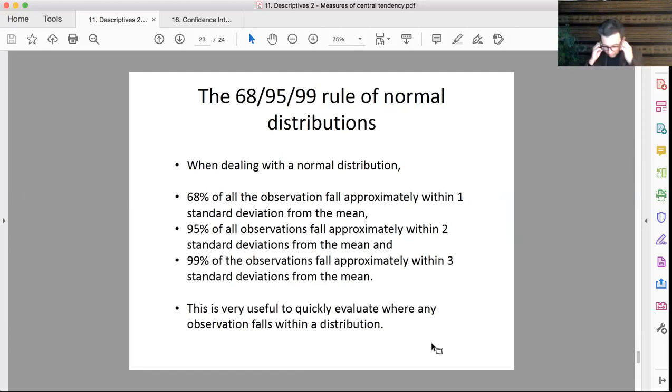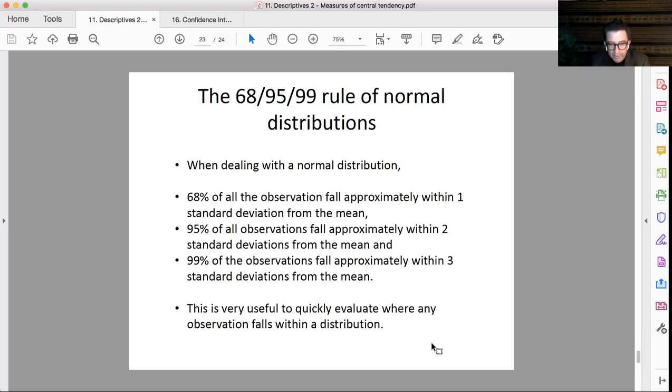One of the most useful findings that we have from the normal distribution is that most of the observations fall within 1 standard deviation from the mean. 95% of all observations fall approximately within 2 standard deviations from the mean, and 99% of observations fall approximately within 3 standard deviations from the mean.